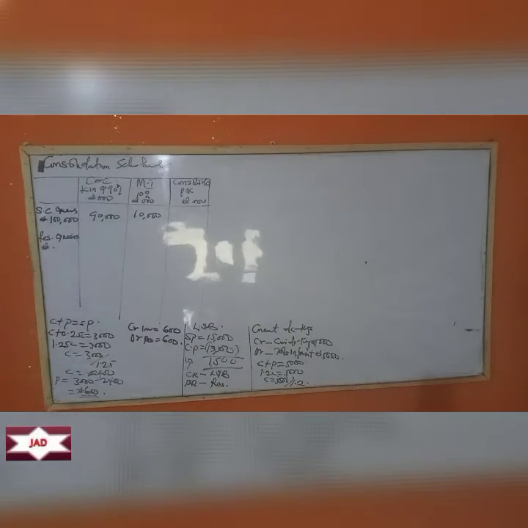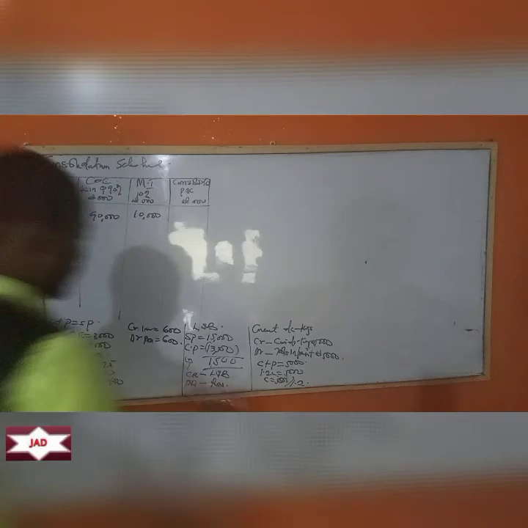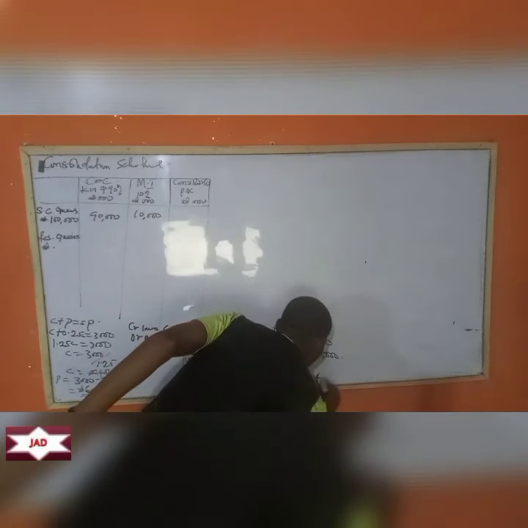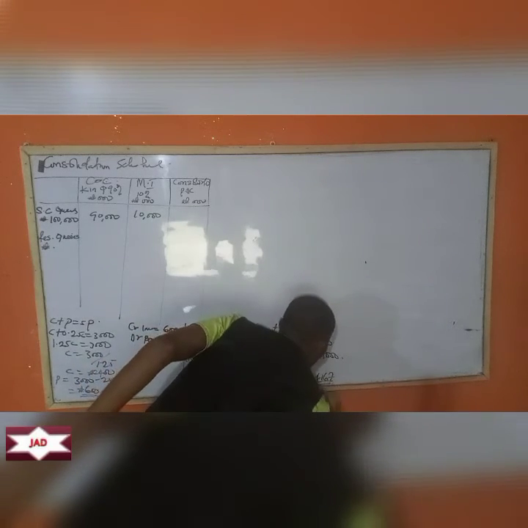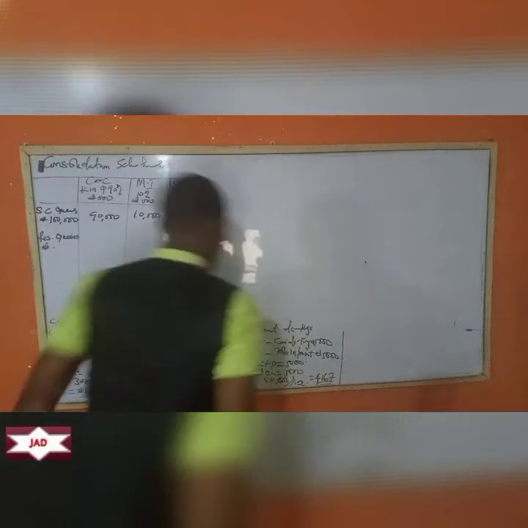So what do you have? 5,000 divided by 1.2. That's 4,167. That's the cost price, right? So what will now be the profit?